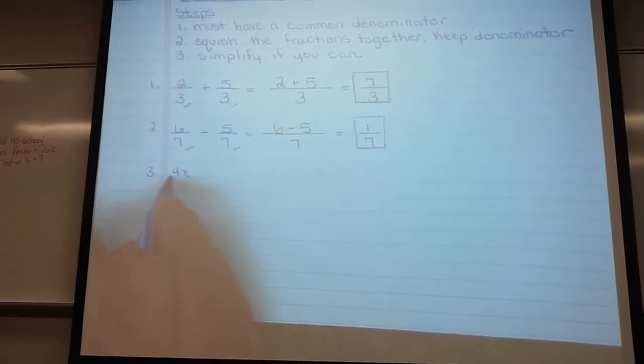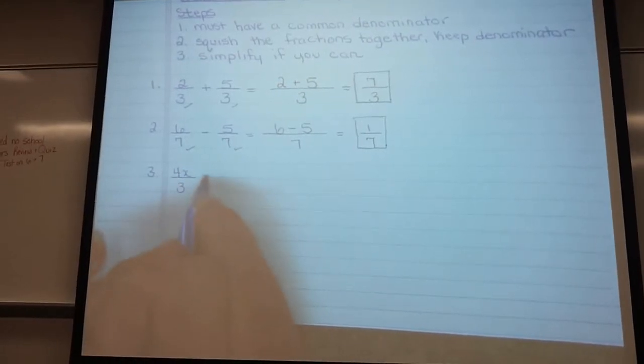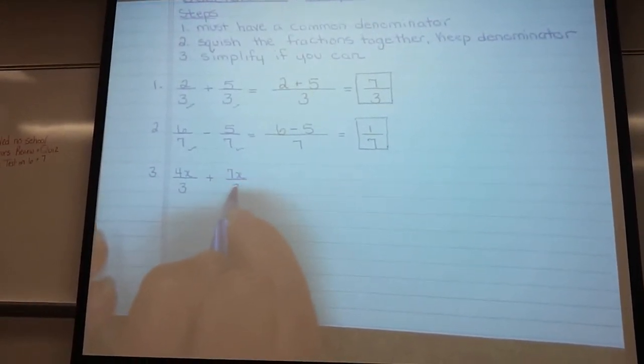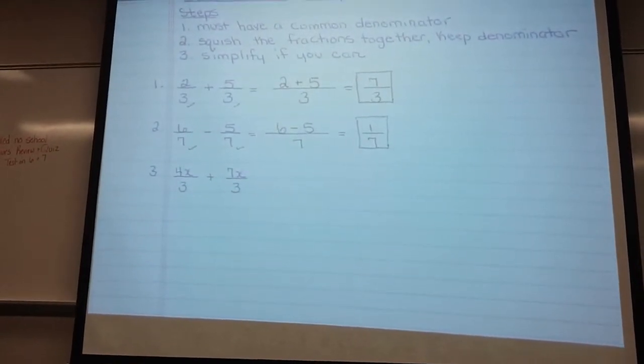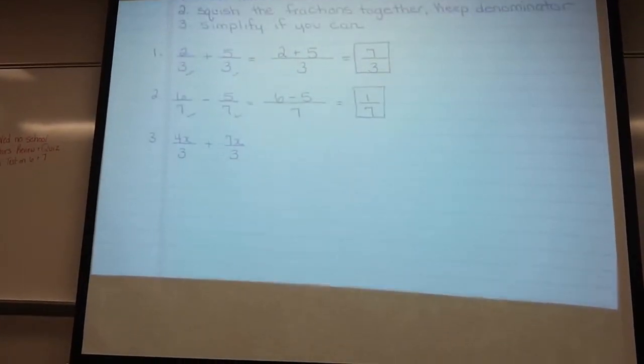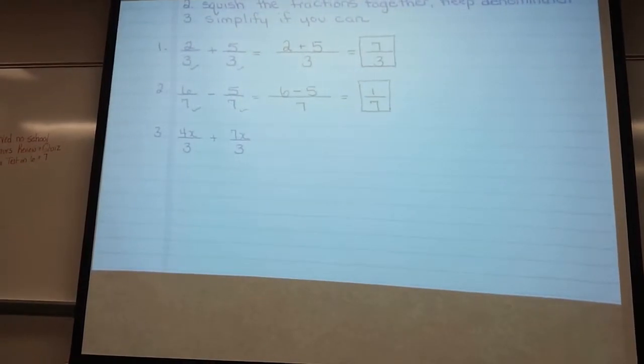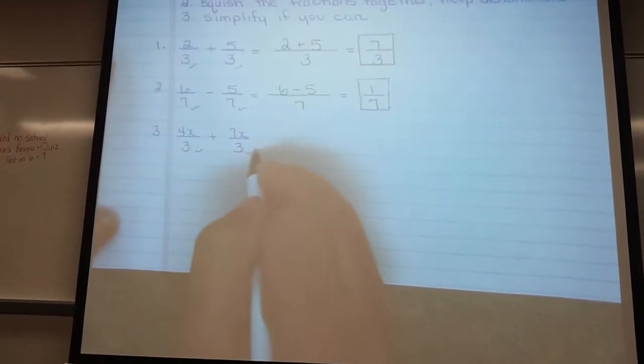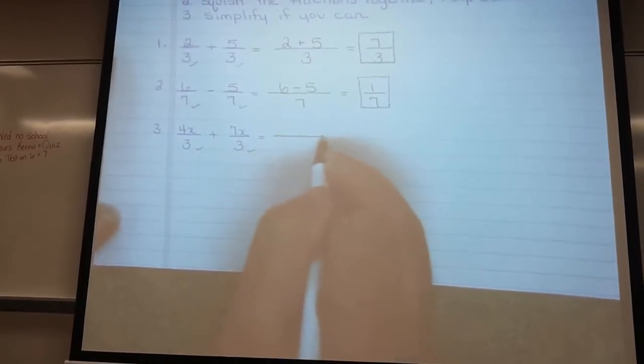All right, let's look at it with the letters. 4x over 3 plus 7x over 3. This time you have a letter involved. Again, my denominators are the same. I'm going to leave it over 3.